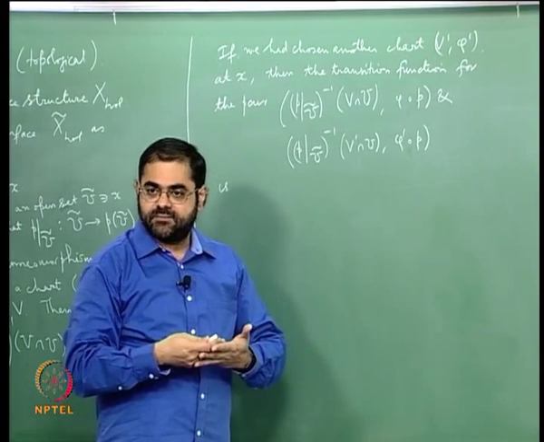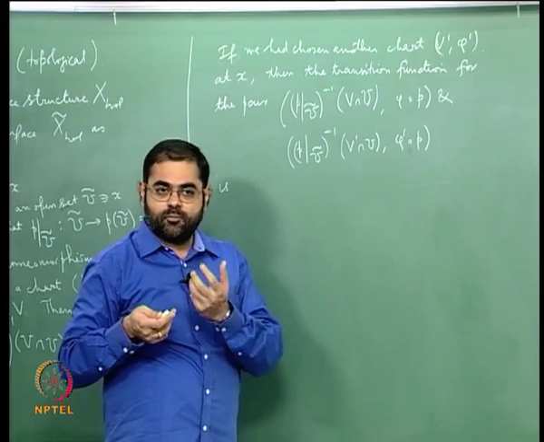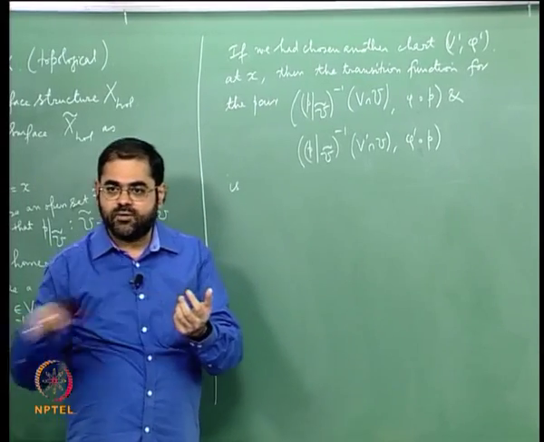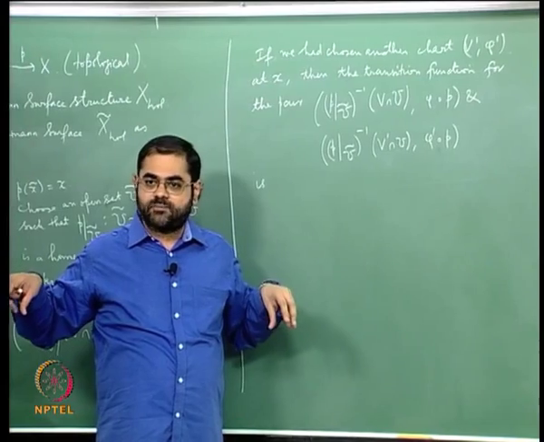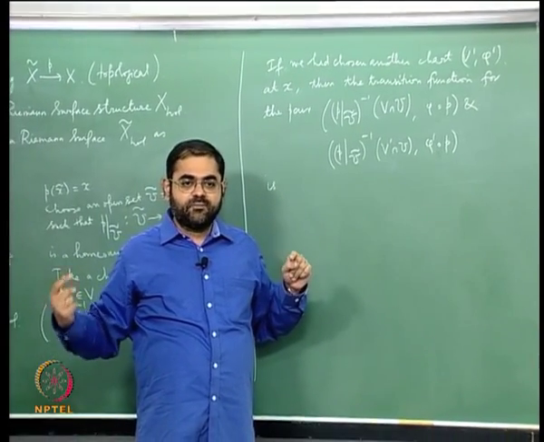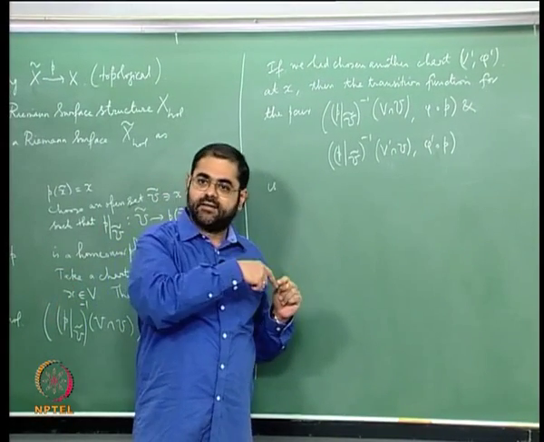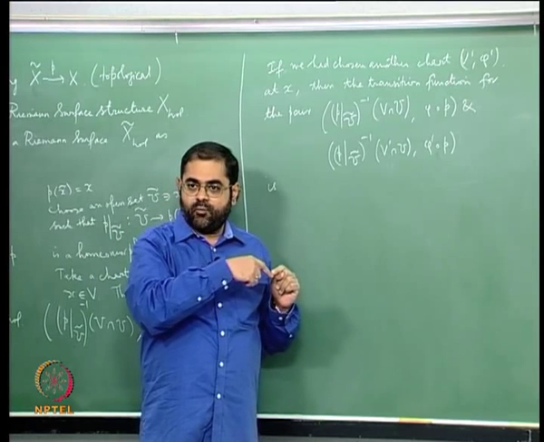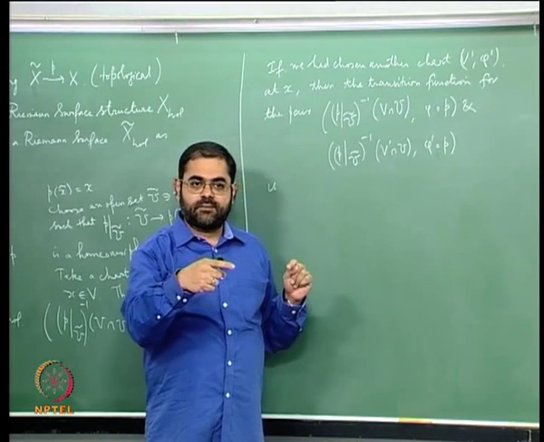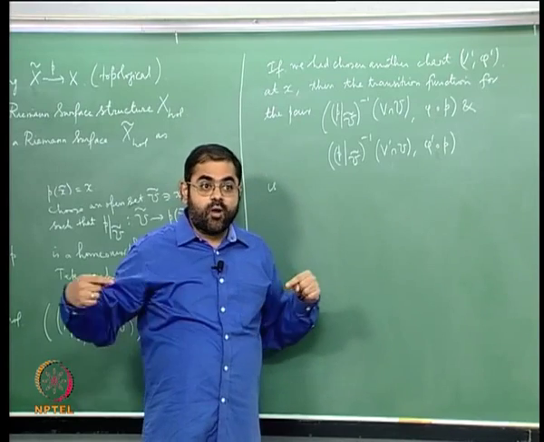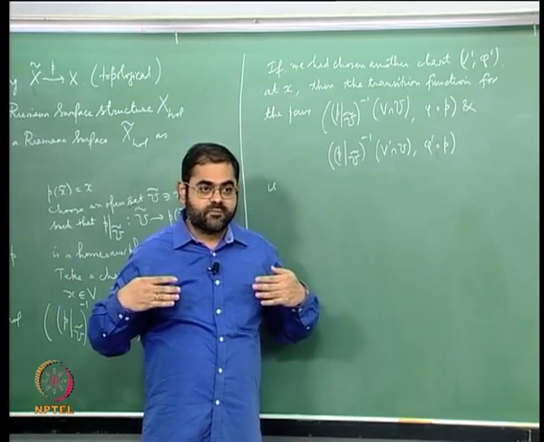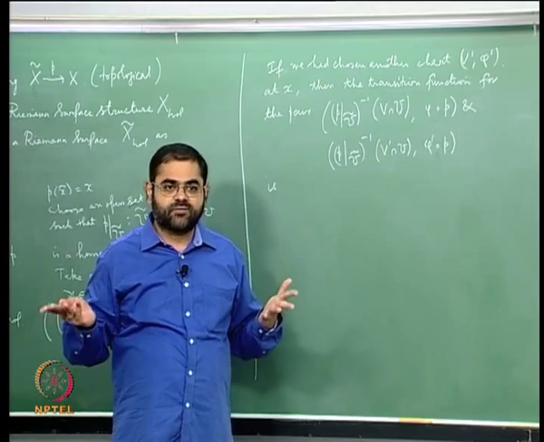Whenever they intersect, that intersecting open set is mapped by both of these chart maps to different domains in the complex plane, and then the map from one of these domains to the other, given by taking the inverse of the map corresponding to one chart followed by the map corresponding to the other chart, will of course be a homeomorphism, and you want that to be holomorphic. That is the condition for compatibility of charts.